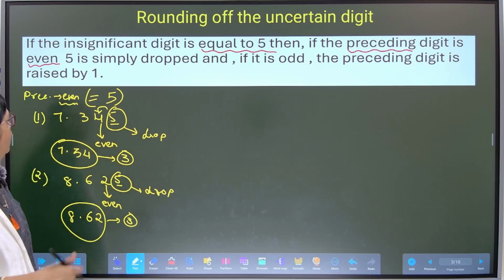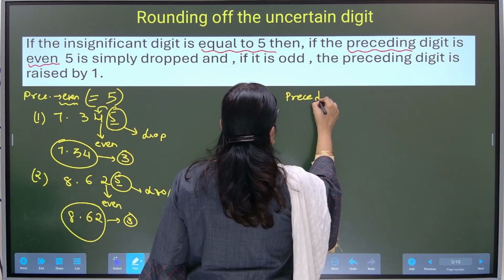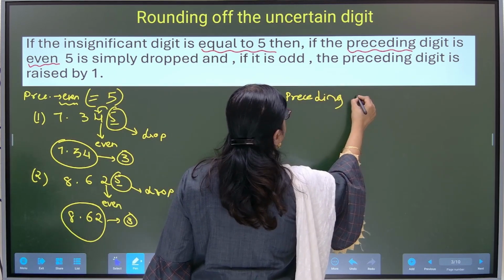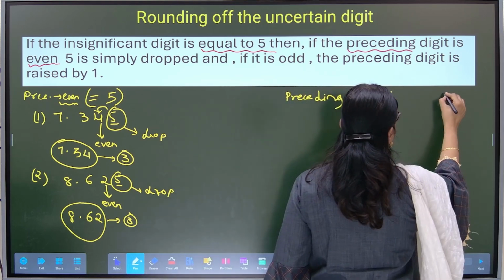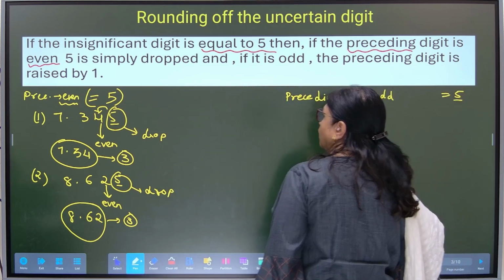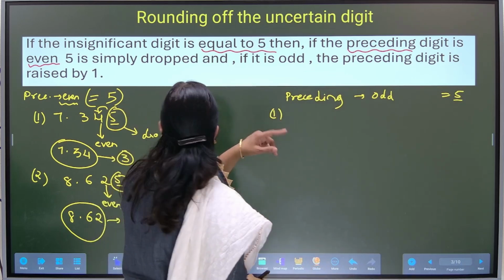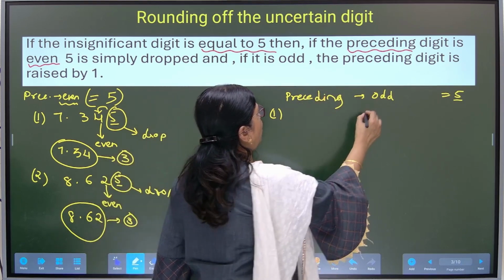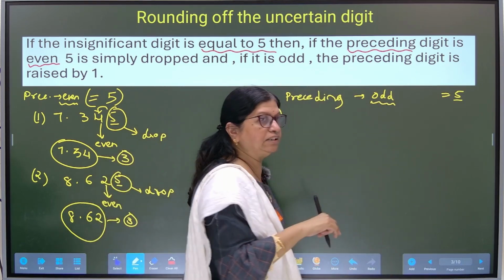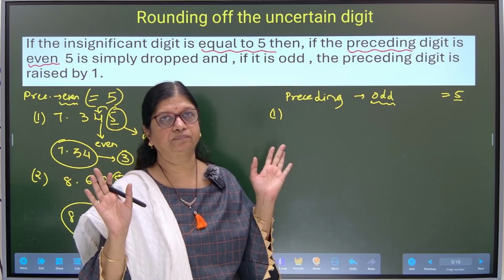Okay. Now let the preceding digit be odd and the underlined number be equal to 5. Okay. So let us do with an example. What should I do? The preceding digit is raised by 1 in this case when it is odd. Preceding digit is odd, then add 1.